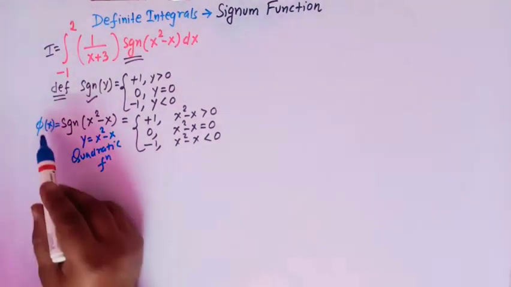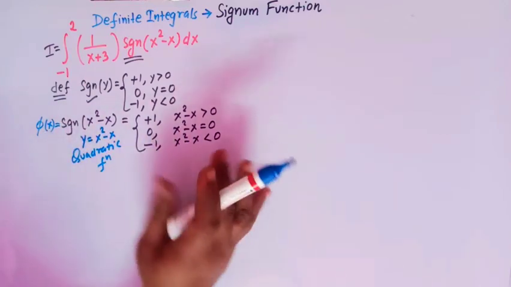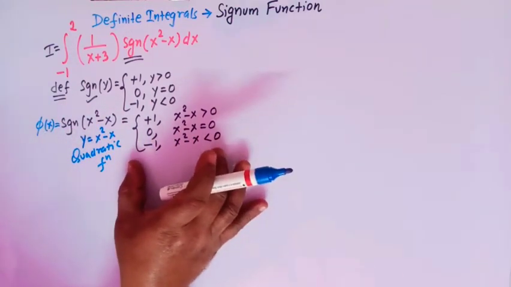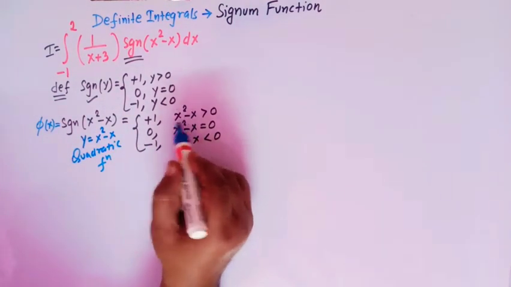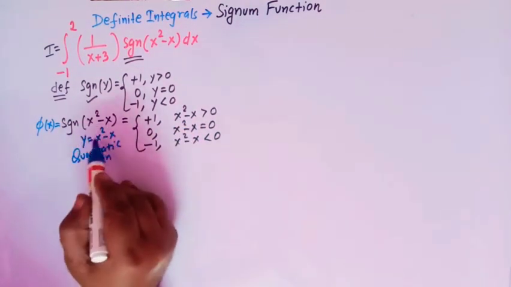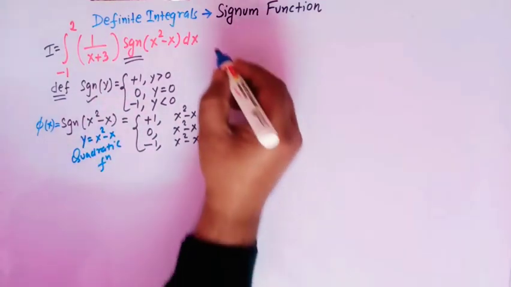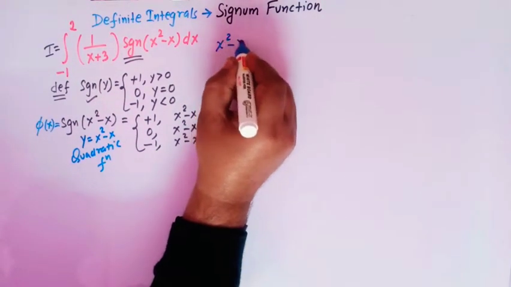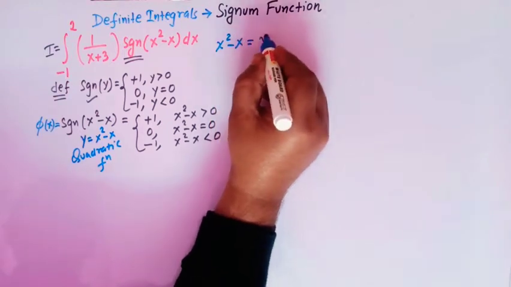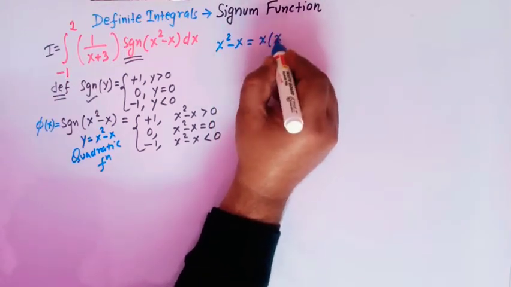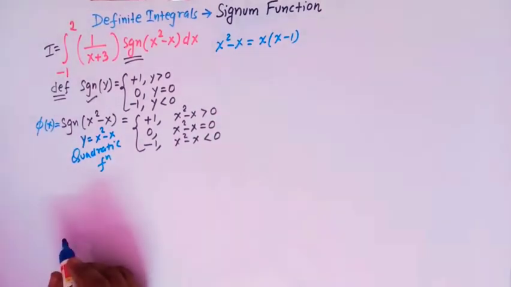So our signum function reads like this. Now we have the quadratic function x square minus x, which can be written as x times x minus 1.